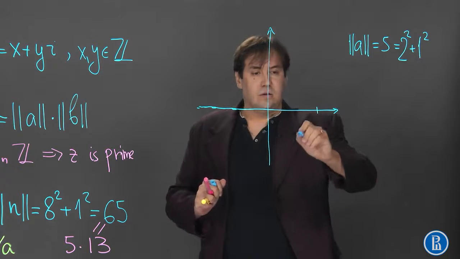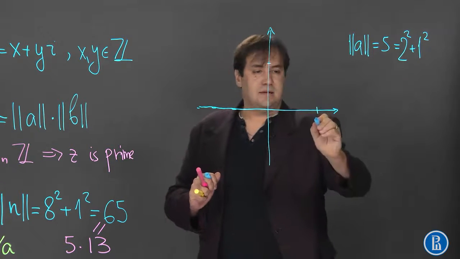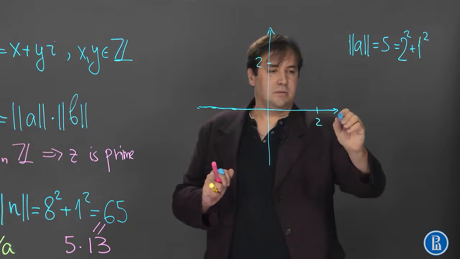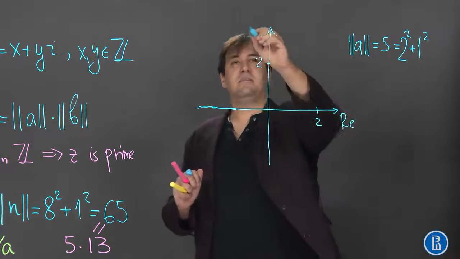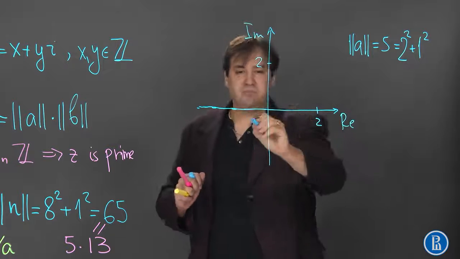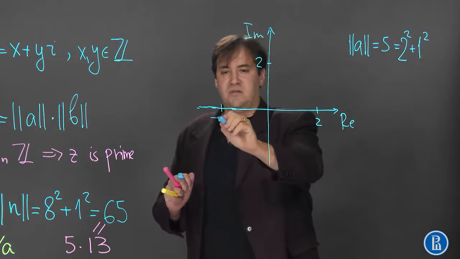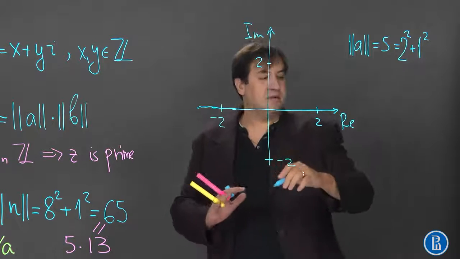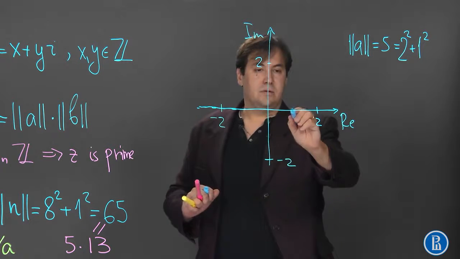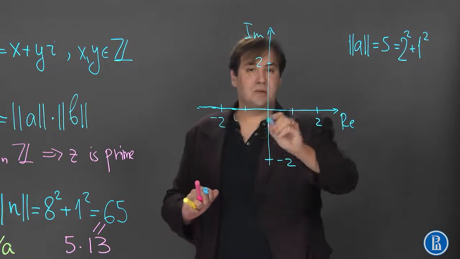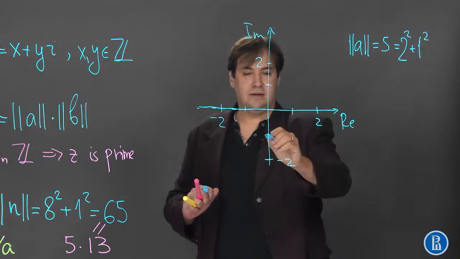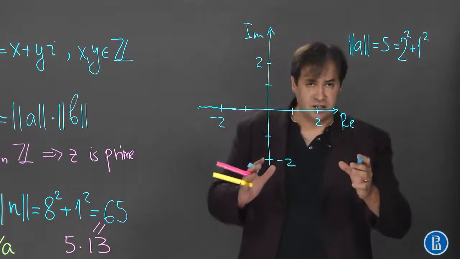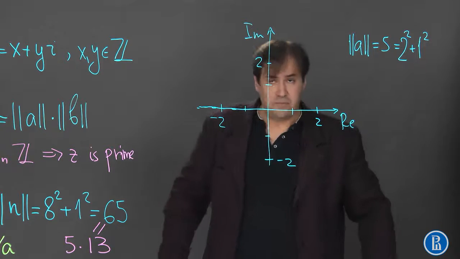Let's just draw them all on this plane. Say that this is 2, this is also 2, this is the real part line, this is the imaginary part line, and over here we have minus 2, and over here we have also minus 2, imaginary minus 2, and also 1, minus 1, 1, and minus 1. And now let's find these complex integer numbers with norm equal to 5.